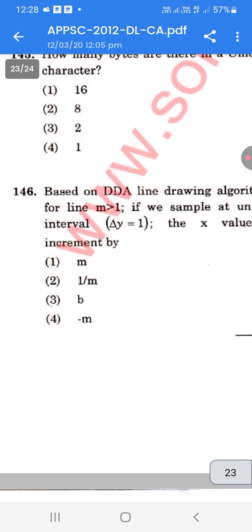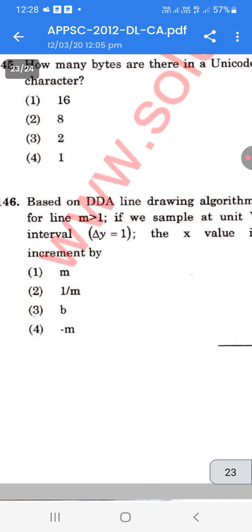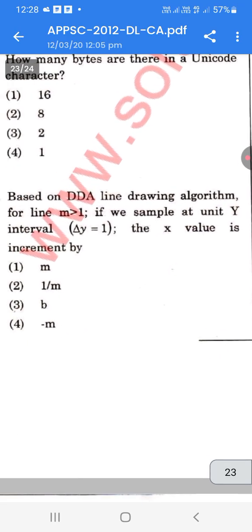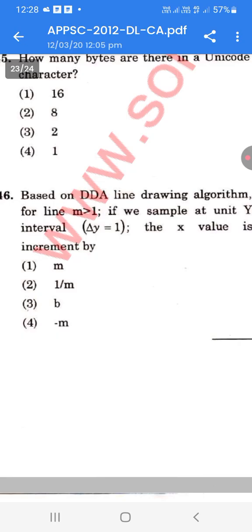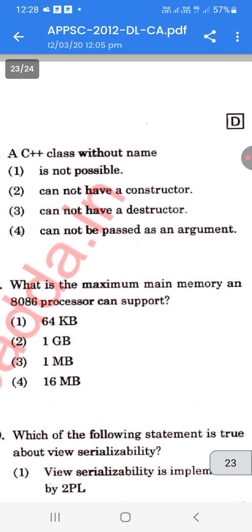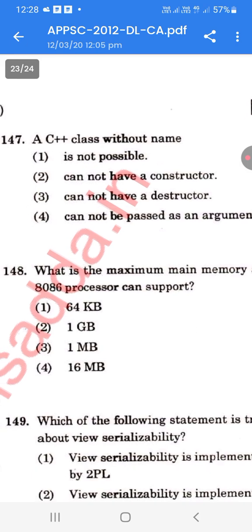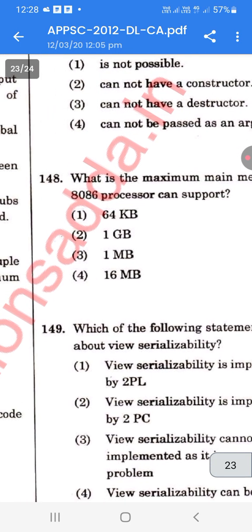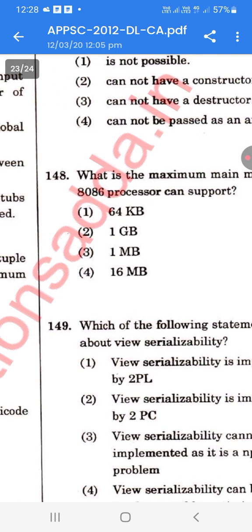146. Based on a DDA line drawing algorithm for line m greater than 1, if we sample at unit y interval, delta y equal to 1, the x value is incremented by 1 by m. 147. A C++ class without name 1 is not possible. What is the maximum main memory 8086 processor can support? 148. 3. 1 MB.